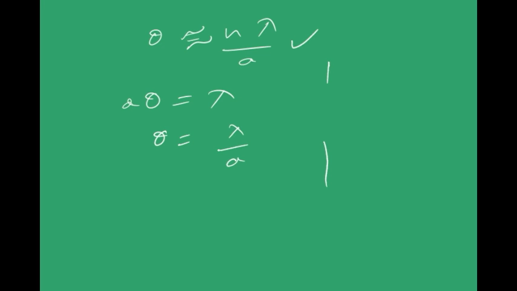This is my slit, and say rays are going in this way, and consider a midpoint M. This is theta, right? If my theta is lambda by a, then what happens? There are many rays coming from many points here and here also, right? So consider any point M1. Here it will be giving a ray in this direction. So I can find a point M2 in this region such that M1M2 is equal to a by 2.